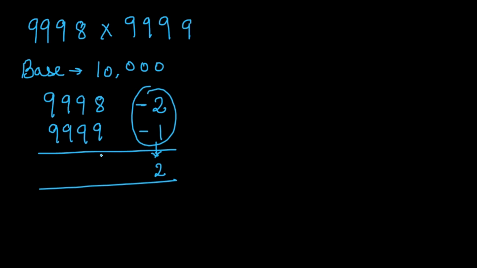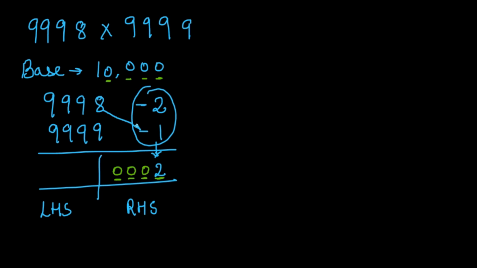We need to figure out how many digits will be there in the right hand side of the answer. So let us count the number of zeros. The number of zeros are 1, 2, 3 and 4. So there should be 4 digits in the RHS. We have just 1 digit, so we'll put 3 zeros in front of 2. And now we have to perform the cross operation.